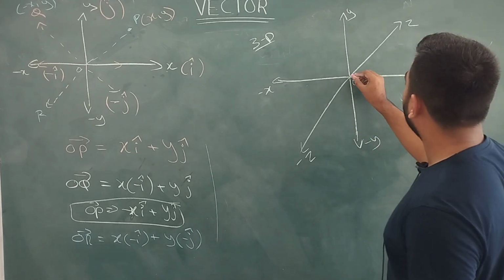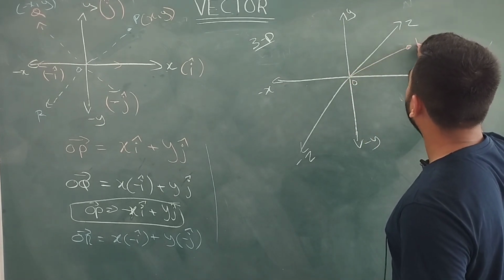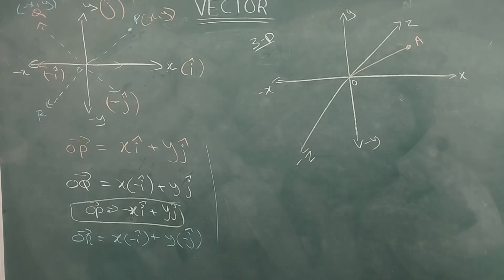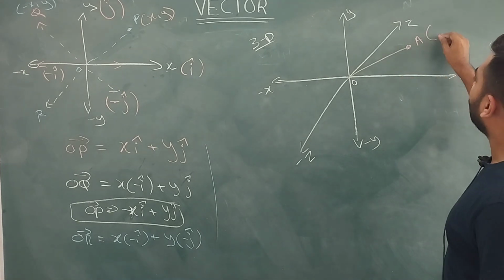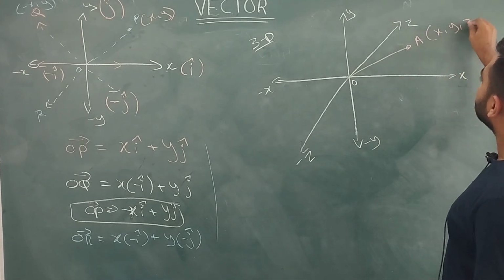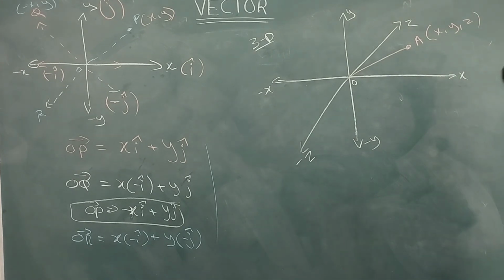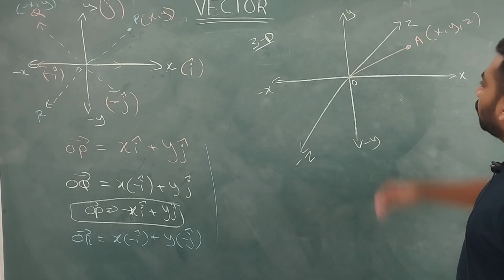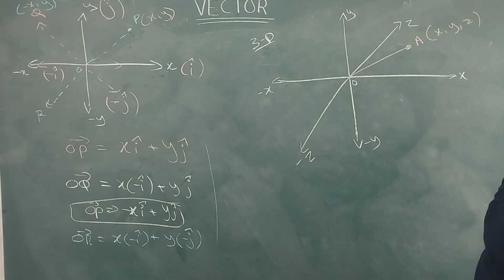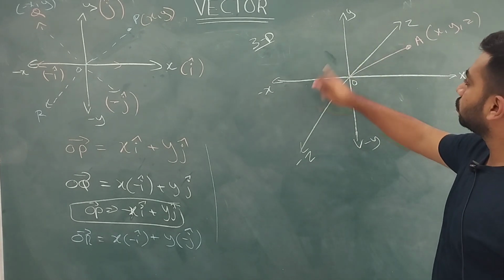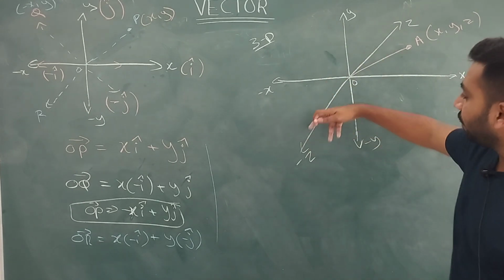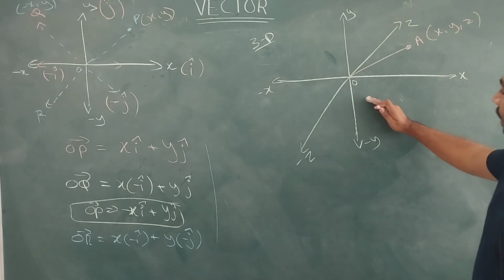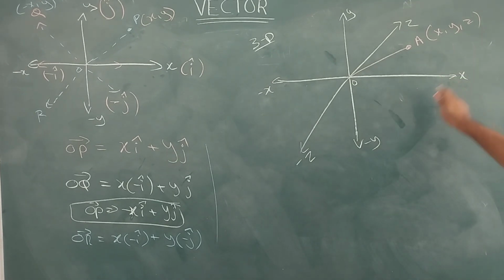Now if I take a vector here, somewhere here, vector A, it is a combination of x comma y comma z, right? Now I can take all positive, or two positive and one negative, or all negative, or two negative and three positive.